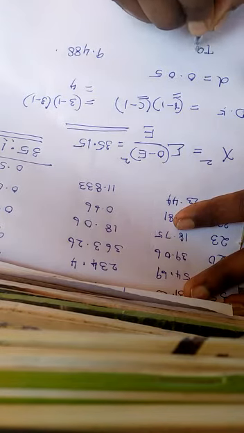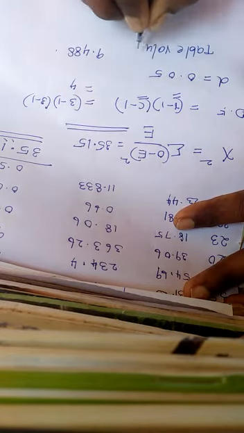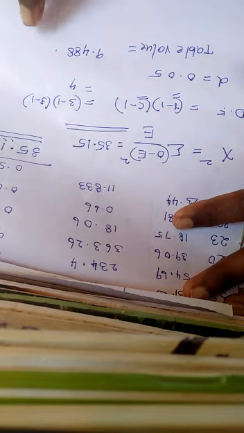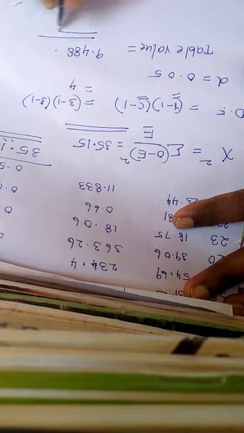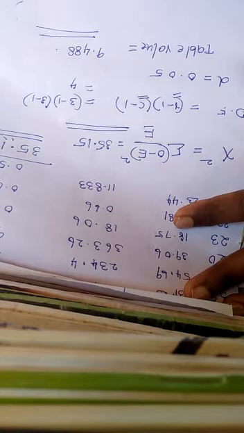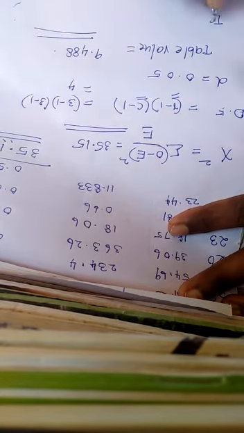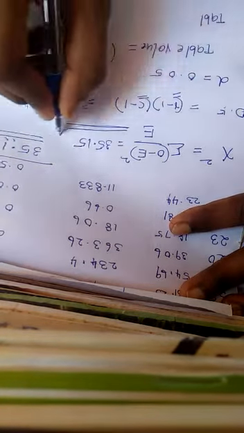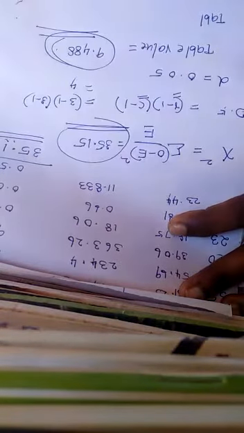This is the table value. So here the table value is 9.488 and the calculated value is 35.15.